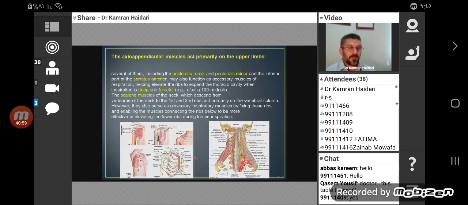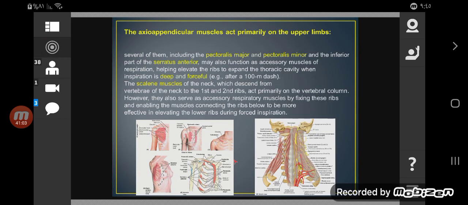And now I would like to consider the intrinsic muscles of the thorax, because in the anatomy of the neck and the anatomy of the upper limb, you saw and faced these muscles.